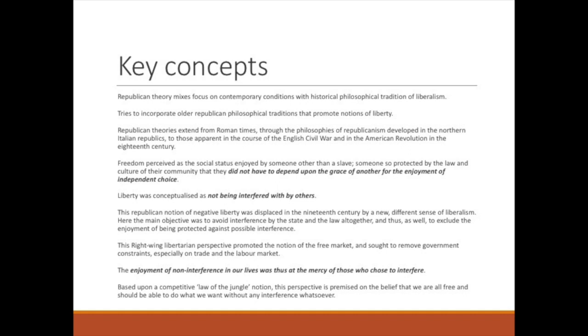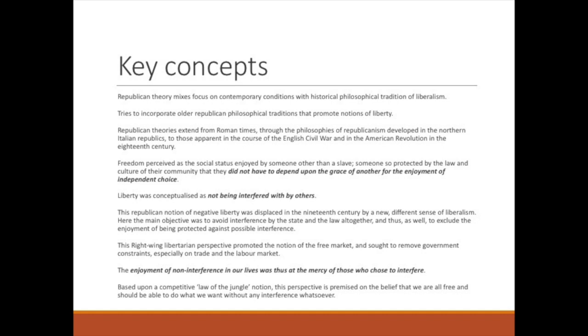Now, this notion of liberty was distorted in the 19th century with a different sense of liberalism. This idea of liberalism in the 19th century, what we now refer to as classical liberalism, focused more on avoiding interference by the state and the law altogether, and to exclude the enjoyment of being protected against possible interference.